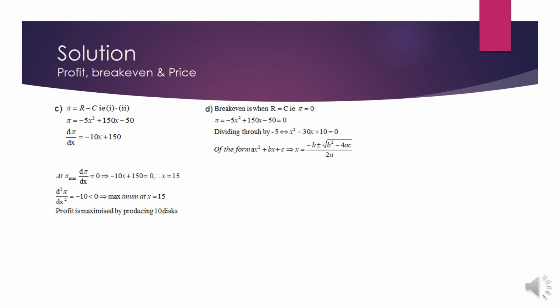This is of the form ax squared plus bx plus c, and we can solve it using that formula. Thus, x will give 29.66 or 0.34. Break-even is attained by producing 30 units, 30 discs.